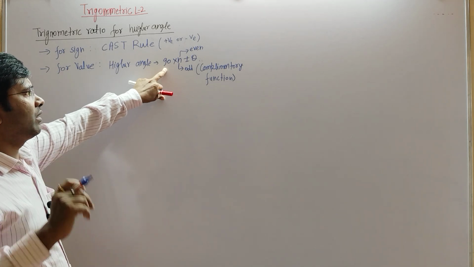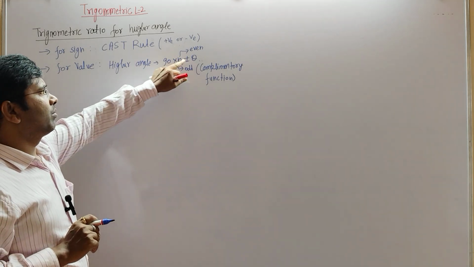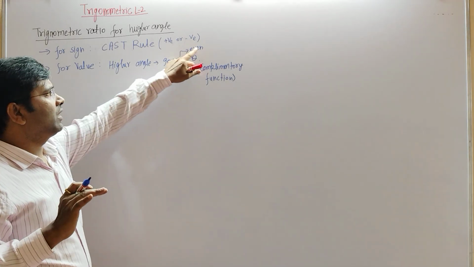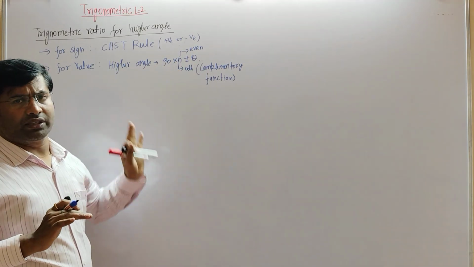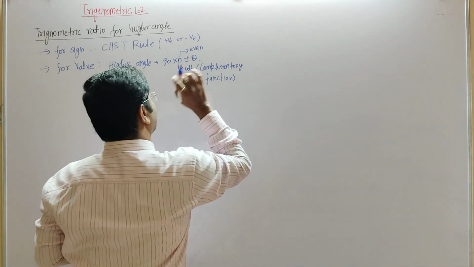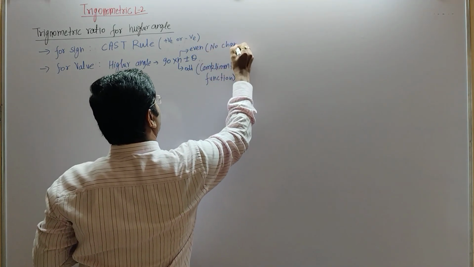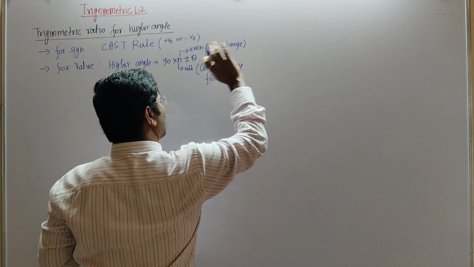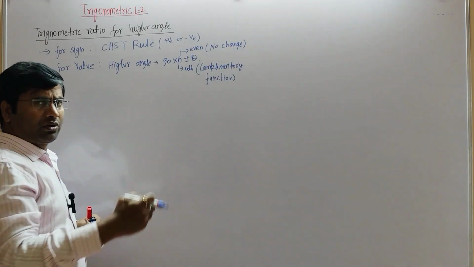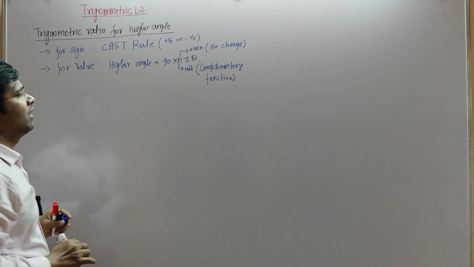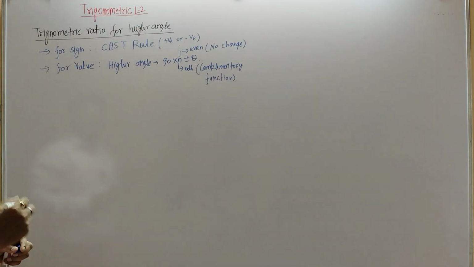Sine 210 means 90 into 2 plus 30. So n is 2, even. Even means we will not change. It will remain as it is, no change. So sine will remain sine, cos will remain cos, tan will remain tan. So this is how in two parts we will calculate the higher angle value.